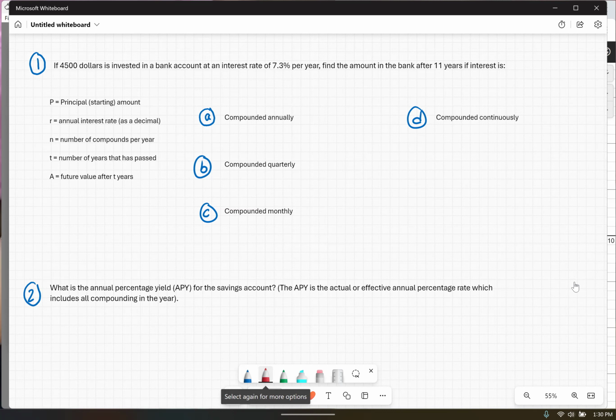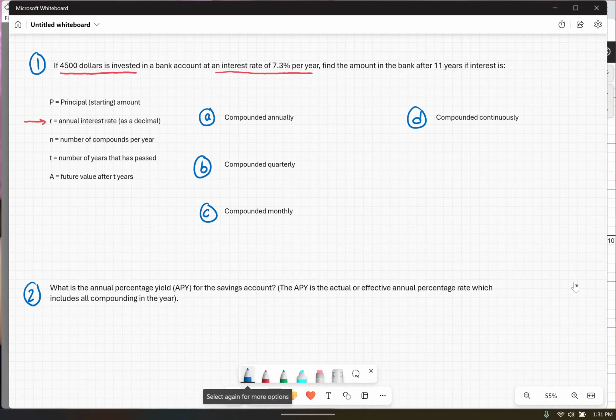And the formula, the equation, is what relates them all to each other. So we've got $4,500 invested. We call that the principal amount, the starting amount. Then we've got an interest rate of 7.3% per year.